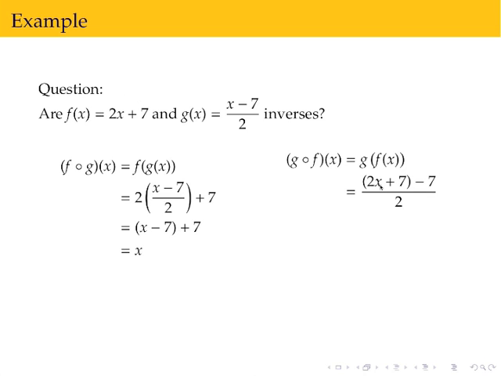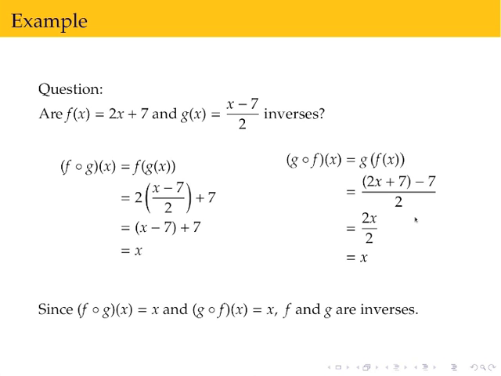So I get 2x plus 7 minus 7 all over 2. When I combine my like terms on top, I get 2x over 2. And then the 2's cancel, leaving me just with x. So yes, these are inverses, since f compose g of x is x, and g compose f of x is also x. F and g are inverses.